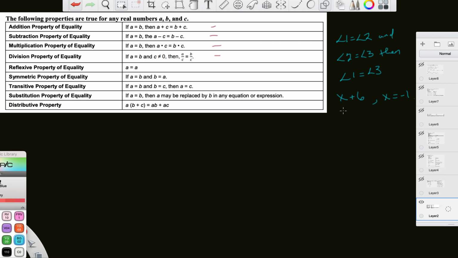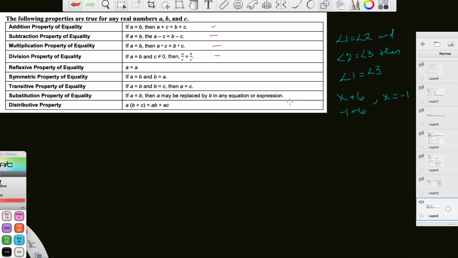And then I can say that -1 plus 6. That's substitution. You can substitute it into an expression. We can do substitution with sums and differences as well, but we'll get to that later.